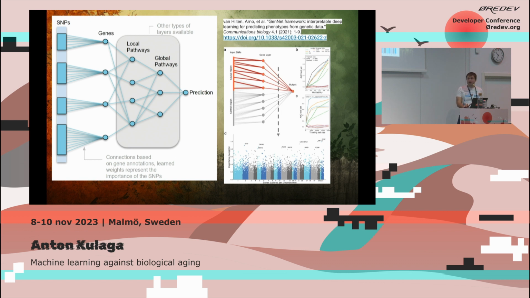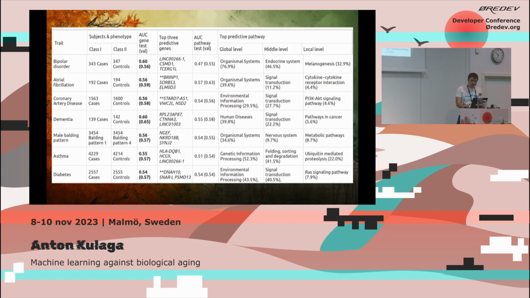It is kind of a biased approach, but at least we can say which biological processes are connected with some gene variant that has contributions to a better phenotype, like longer living or less risk of a disease. And yeah, so it's some data that we had.